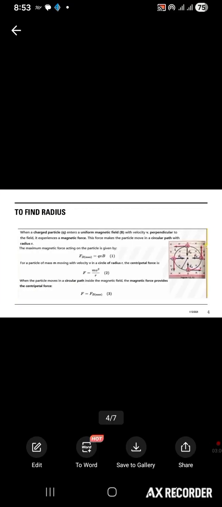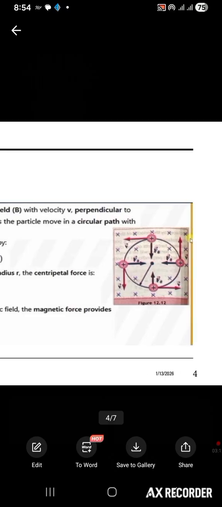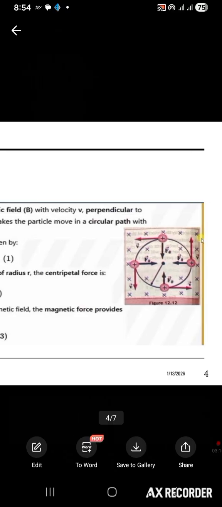When you have to find the radius, as you have seen in the picture earlier, look at the diagram again on the page. The force is perpendicular to both the V and B vectors, the velocity and the magnetic field induction vector.